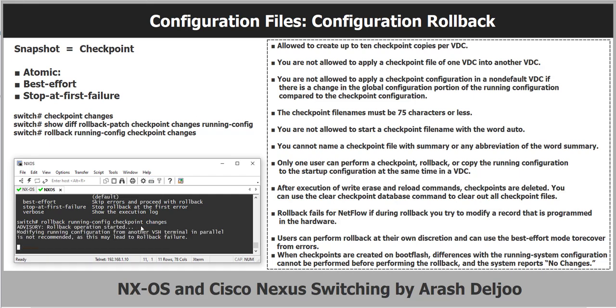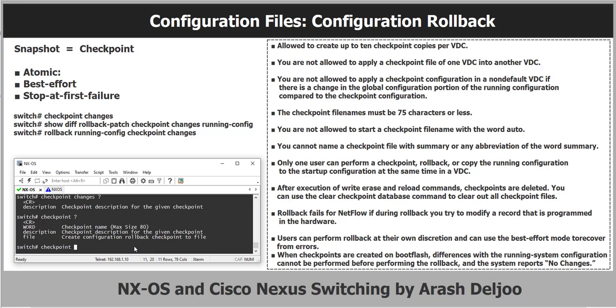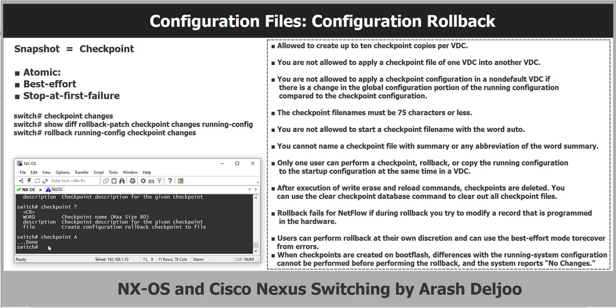Look at here. For example, in this switch, if we use checkpoint, and then checkpoint change, here is the checkpoint description for the given checkpoint. Or for example, checkpoint A. This is the name of checkpoint A. As you can see now, we have this checkpoint, or checkpoint B, for example.